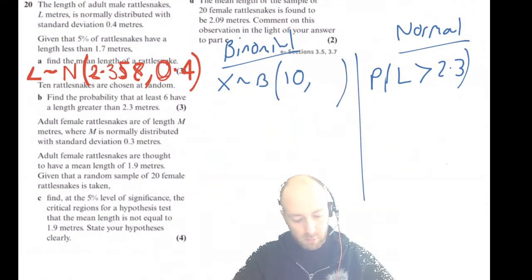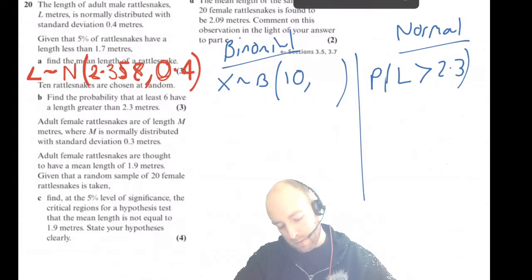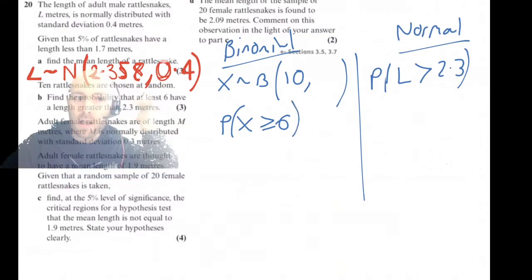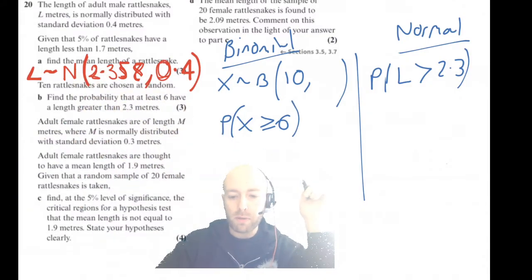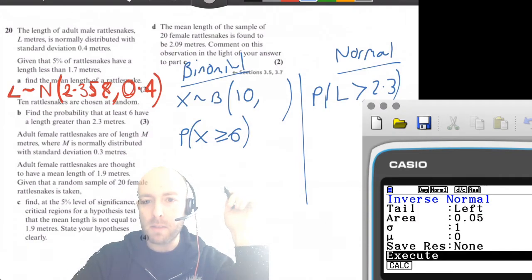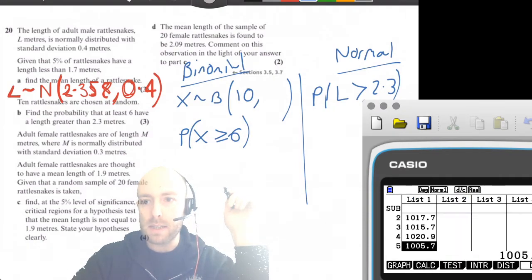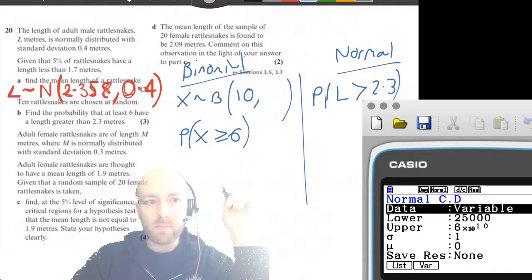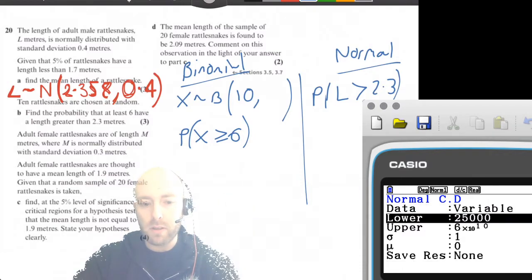And then we're asked to do the binomial. The probability x is at least 6, as it says here. So bring back calculator. This time it's going to be a normal NCD. Lower value is going to be 2.3. Upper value, put something big in.